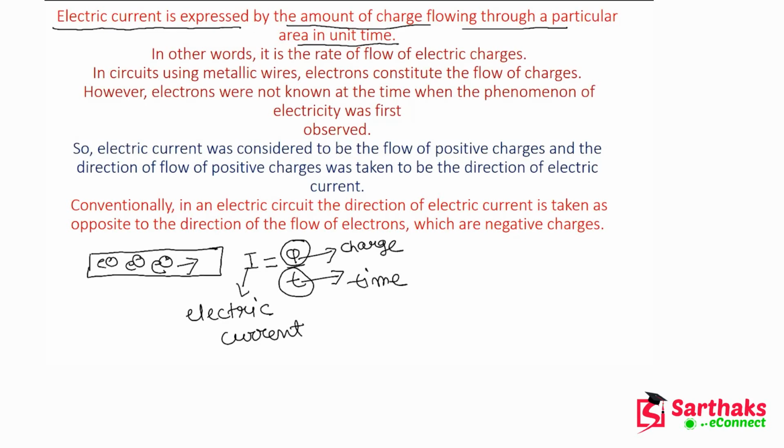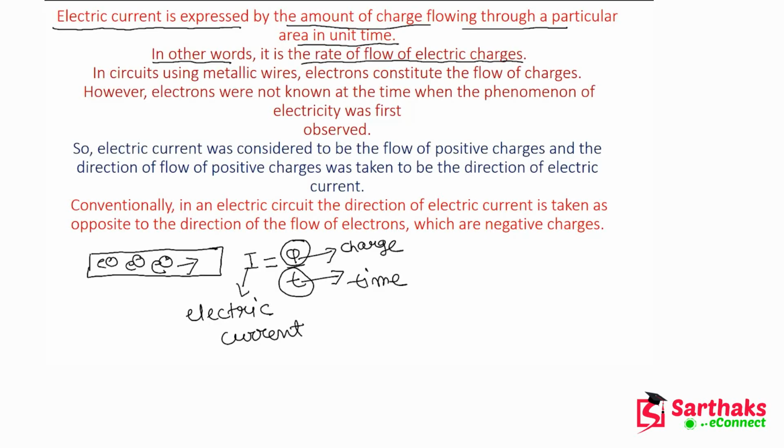Okay, so how much charge flows through a particular area in a unit time is known as the electric current. Now, in other words, it is the rate of flow of electric charges.